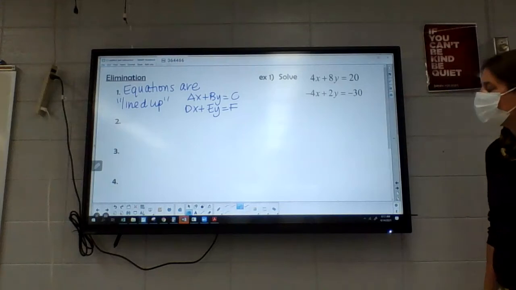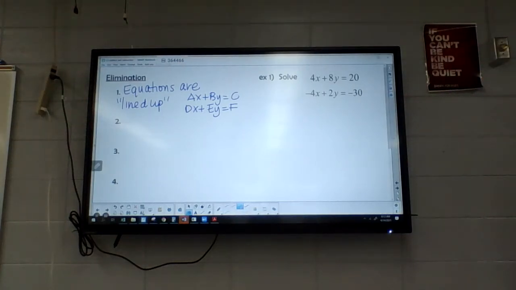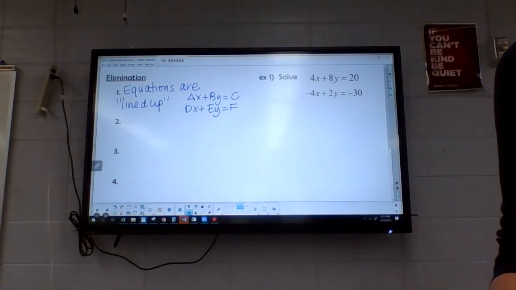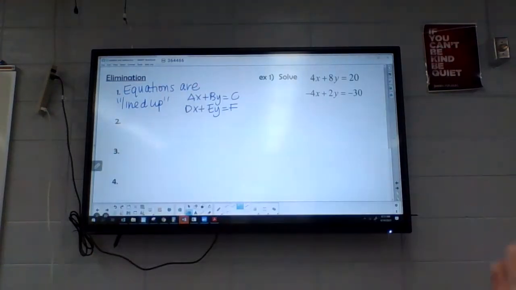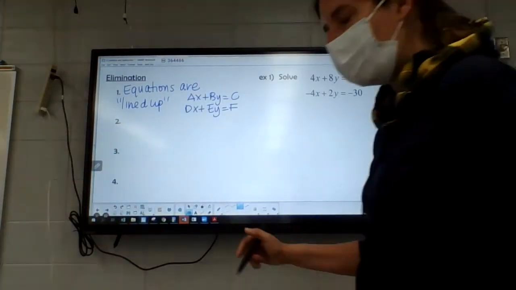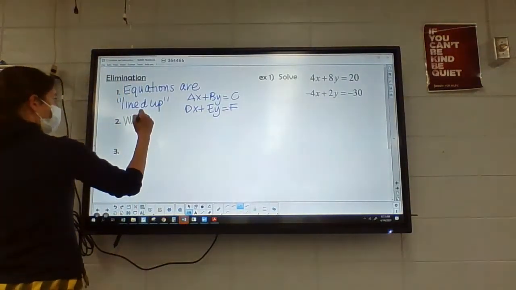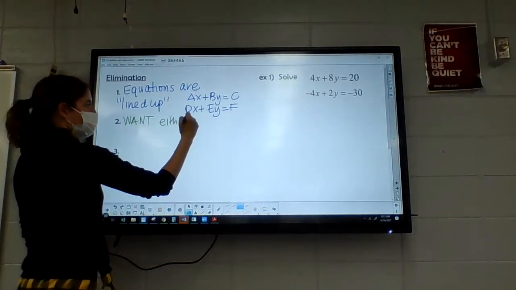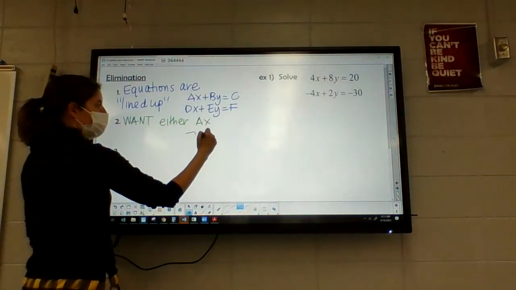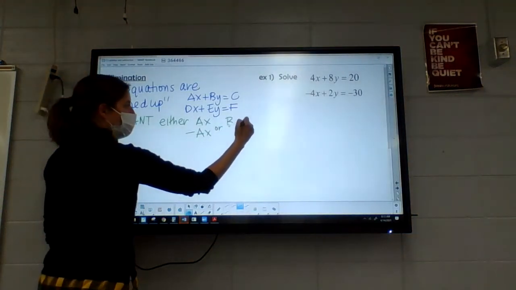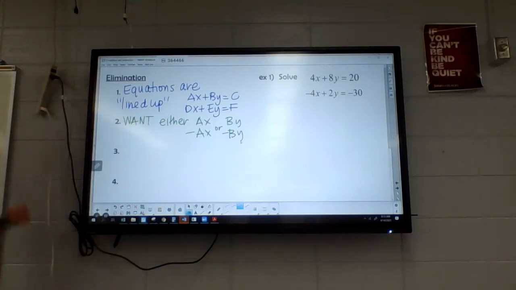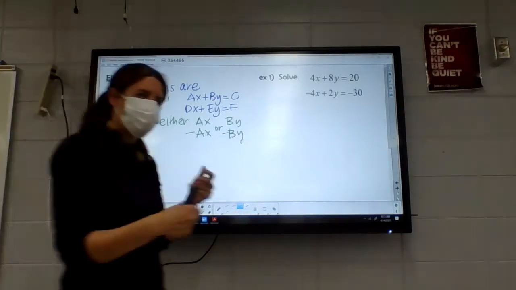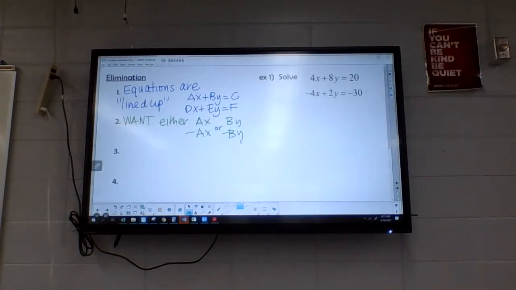like we did. What we want to happen, and this is the step that makes these problems a little trickier, though we won't have to deal with it much today, is that I want either the x values to have the same number in front of them with opposite signs, or the y values to have the same number in front of them with opposite signs.